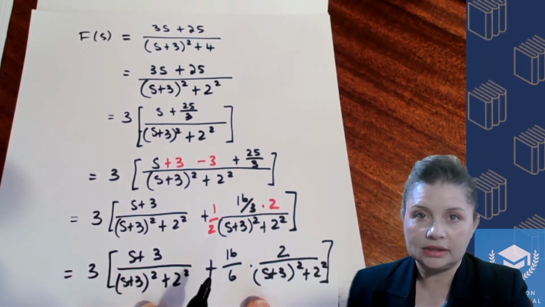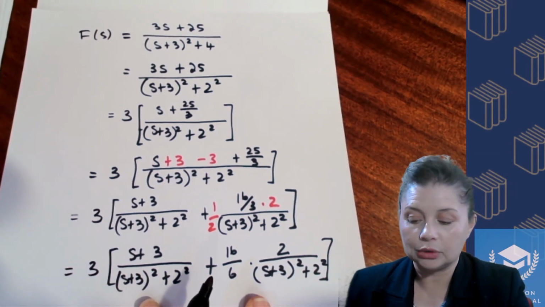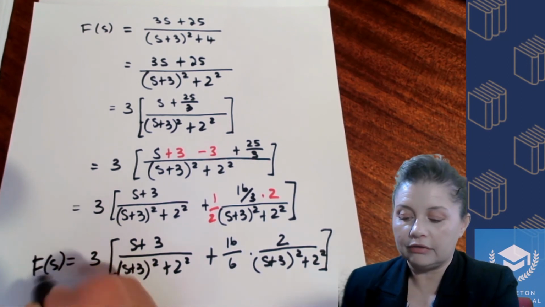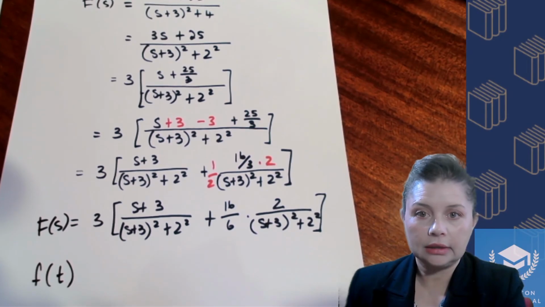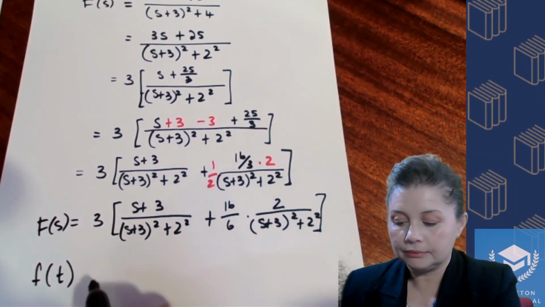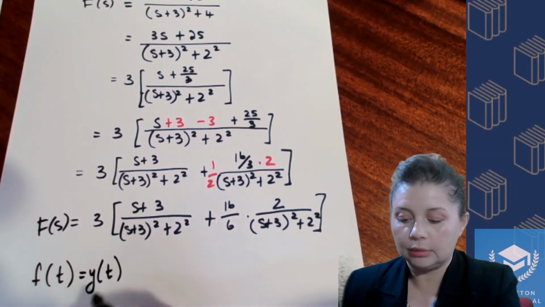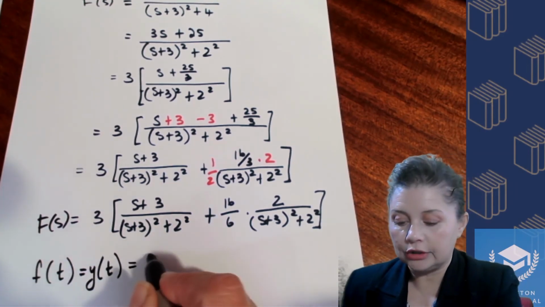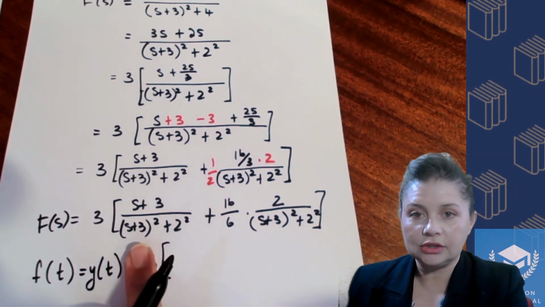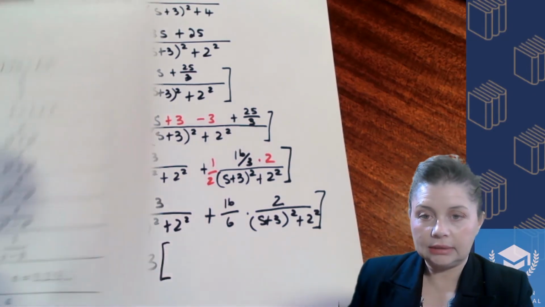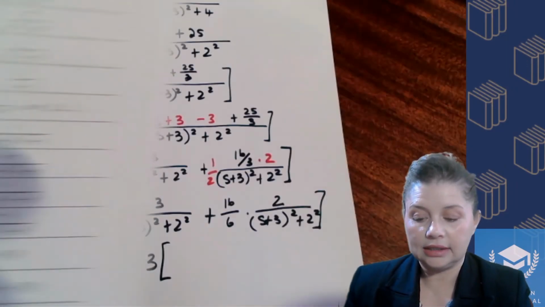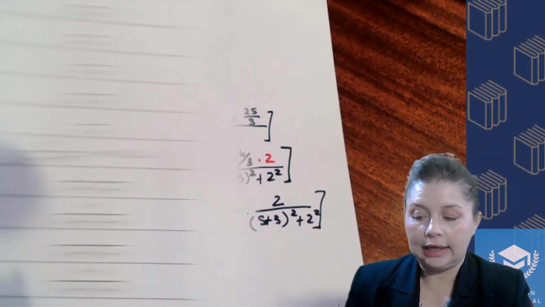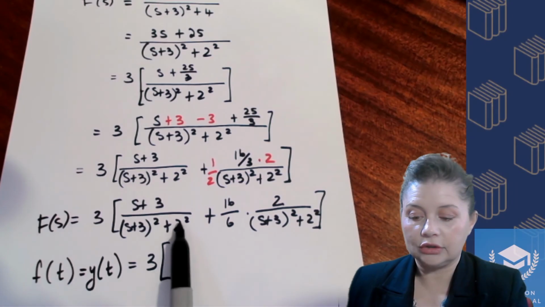So now both of these terms are in the same form as on the table, which means we can now go from F of s to F of t, right? Or in this case, y of t. You can label it y of t, okay? So it's going to be 3 times this one here. The first term is going to be as number 10, right? So b in this case is going to be minus 3, and a in this case here is going to be 2.